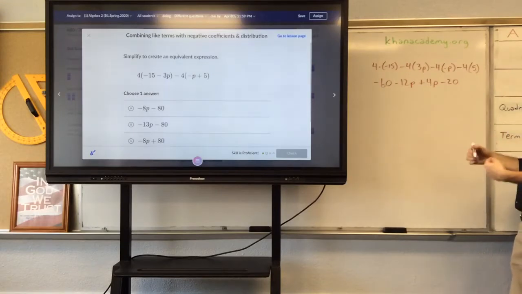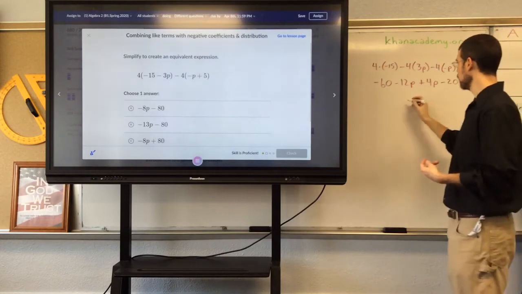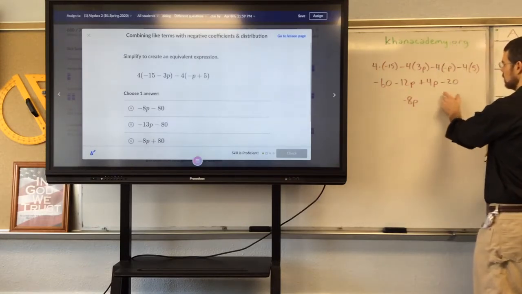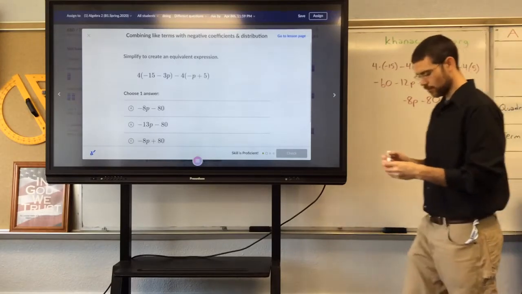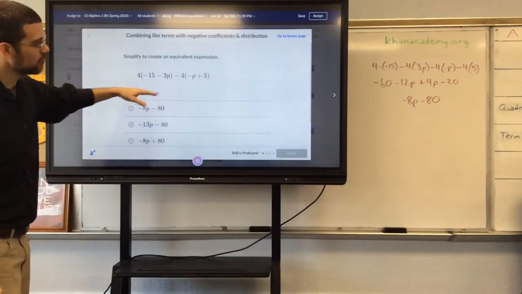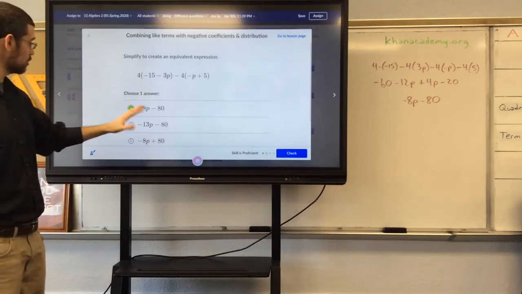Now we can combine like terms. I've got negative 12p plus 4p, that's negative 8p. And I've got negative 60 minus 20, that's negative 80, and we're done. We've got to look for this on our list. Negative 8p minus 80, that's our first choice. It says choose one answer, that's it.